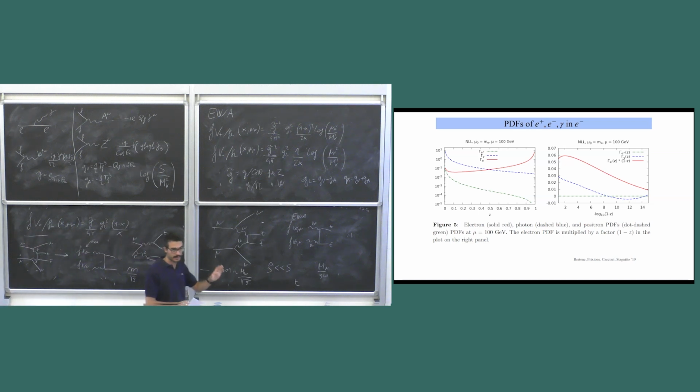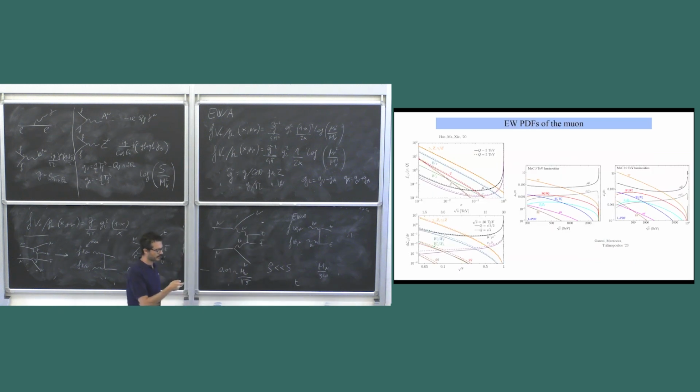But people have done the electroweak PDFs. This is since a few years. And this is what you see, for example, for the electroweak PDFs of the muon. They take into account this collinear enhancement, and they resum it. And what you see is even more what I discussed before, the hadronization of the lepton.